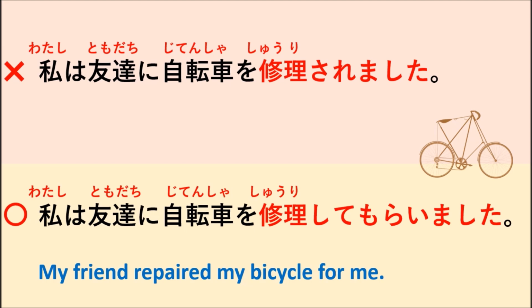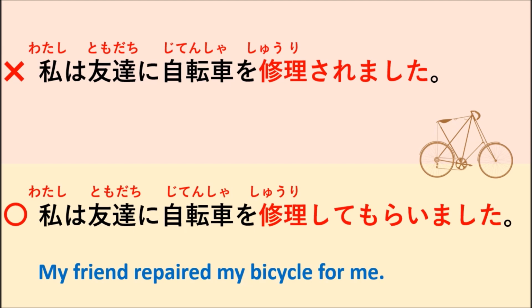So in a case like this, in Japanese they don't use the passive verb. When you use 自転車を修理されました, it would imply something different, so we don't use されます. If you ask somebody to do something for you, or do something for another party, you should use the form てもらいます.